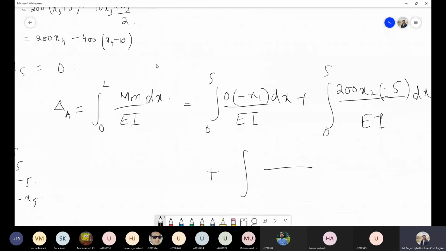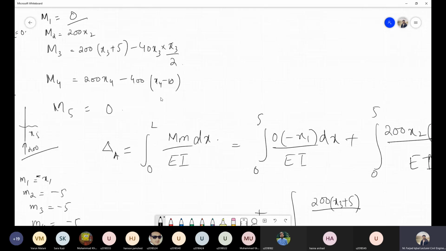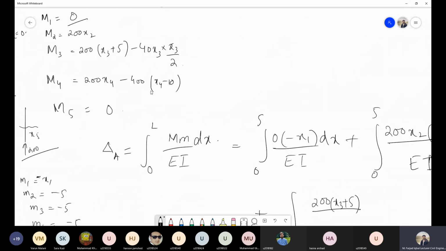What will be the limits? So 5 to 10. The limits are 5 to 10. 200 into x3, where is the equation? Oh, we should have simplified it a bit. 200 x3 plus 1000 minus 40 x3, or that will be 20 now, 20 x3 square.